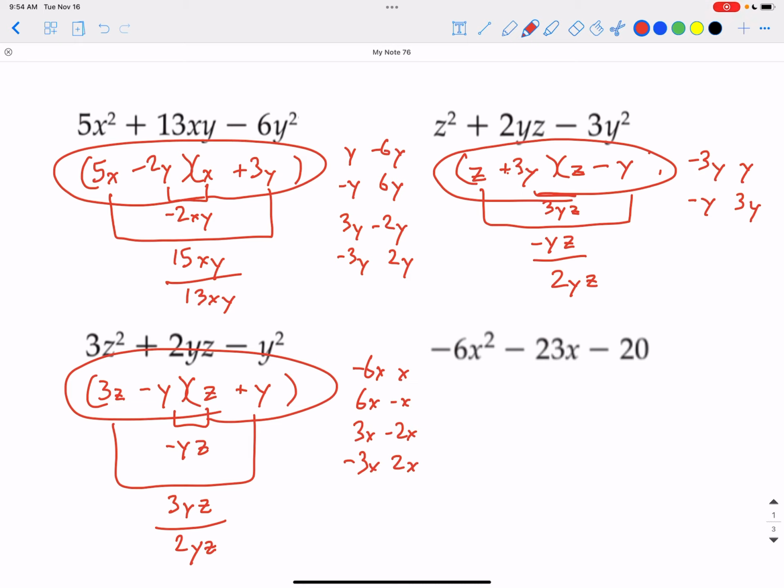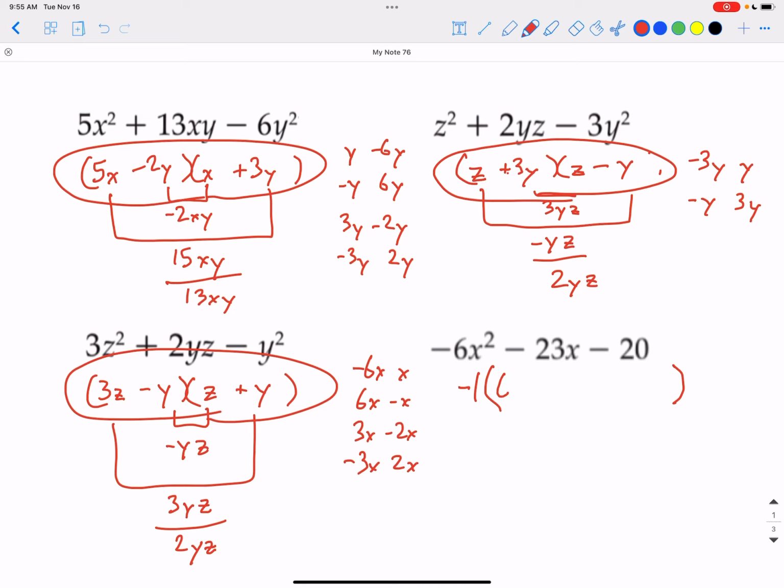However, since we have a negative leading coefficient, since the first term is negative, one of the ways to factor quickly is to get a positive lead coefficient. And the way we can get a positive lead coefficient is just simply factor out a negative 1. When you factor out a negative 1, you'll divide all the terms by negative 1 to see what's left inside parentheses.